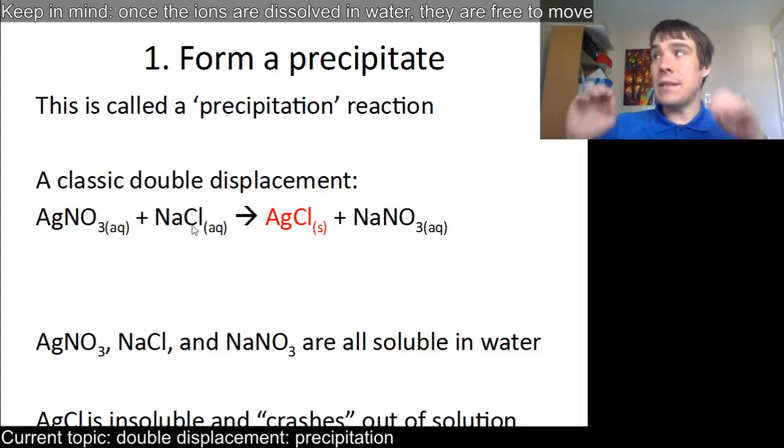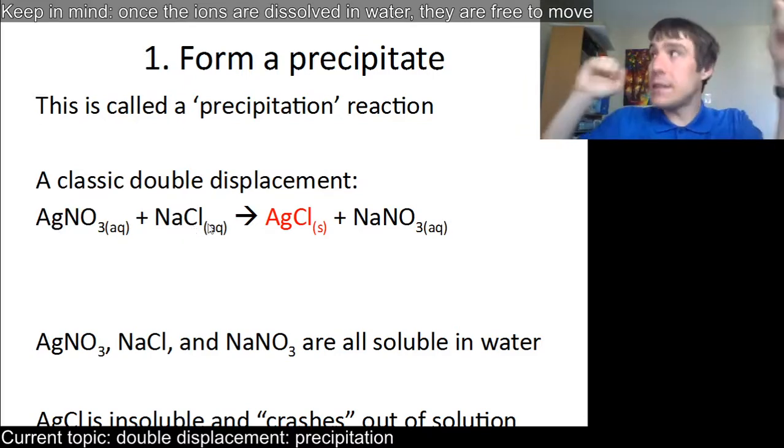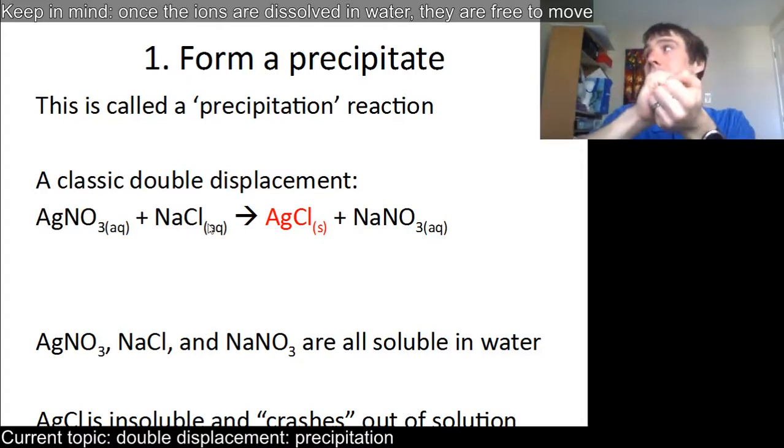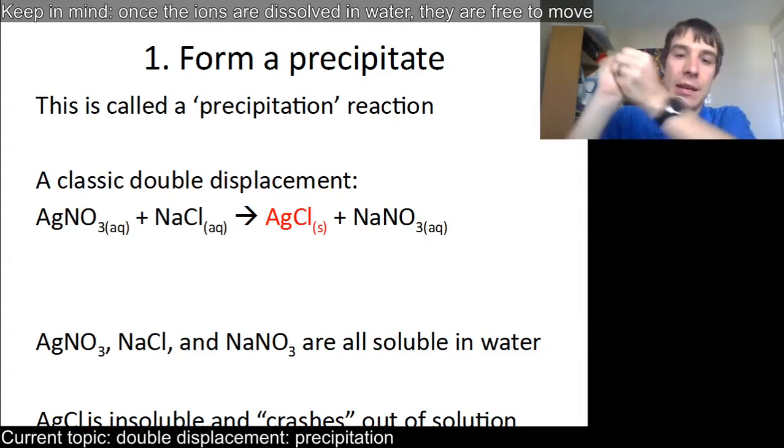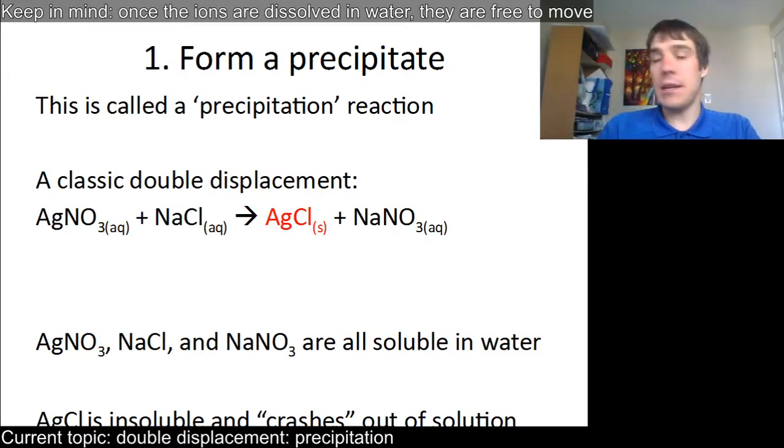But then when we mix them, everything's bumping around, and the silver can bump into the chloride. And when the silver bumps a chloride, now they're stuck together. The water is too weak to pull them apart, and they stay there. And it turns into a solid, because now they can clump together and make a lattice and make a crystal, and then those are going to fall out of solution.